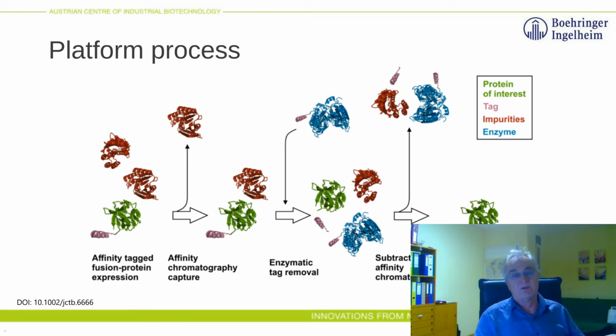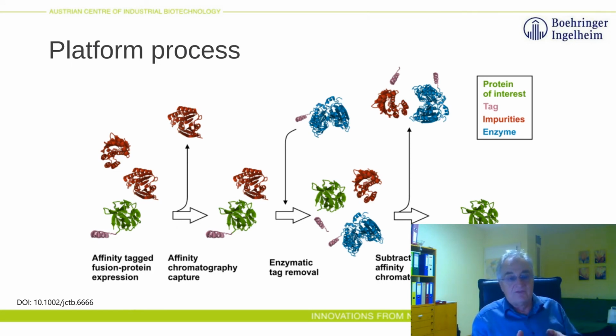The tagged protein binds, the non-tagged impurities flow through. And then the tagged protein will be eluted, but it is maybe a little bit co-eluted with other impurities. Then we add the enzyme, cleave off the tag, and do a subtractive affinity chromatography.